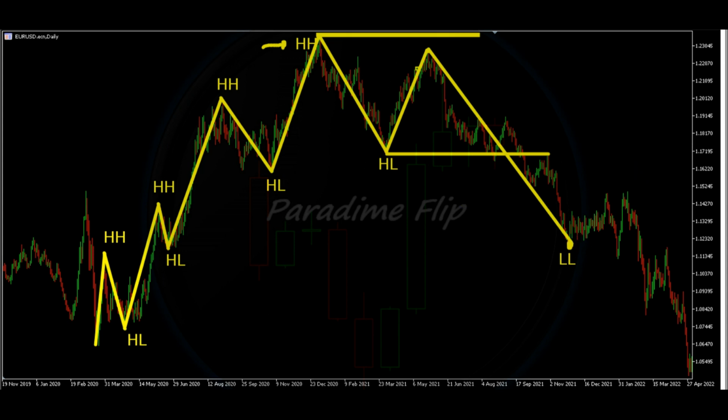So it's at this point that we can expect now the markets to make lower lows and higher lows. Since we have a lower low in, we'd be expecting the markets to then pull back and make a higher low, and we can expect the markets to continue doing this until a point where we break structure to the upside.